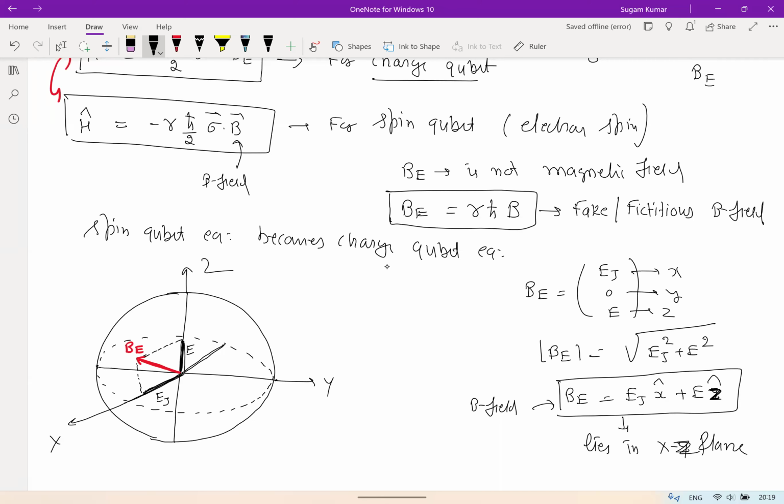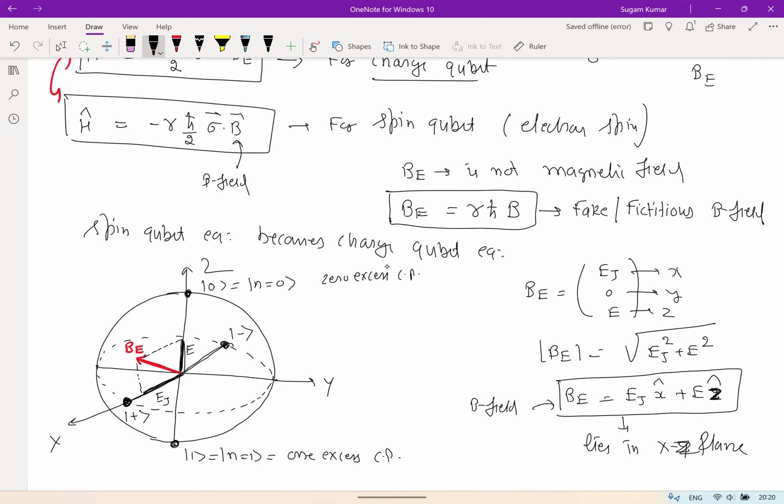And here I can call this 0, technically n equal to 0, meaning zero excess Cooper pairs. Here I can talk about 1, meaning n equal to 1, that is one excess Cooper pair. And here and here we can talk about plus and minus.